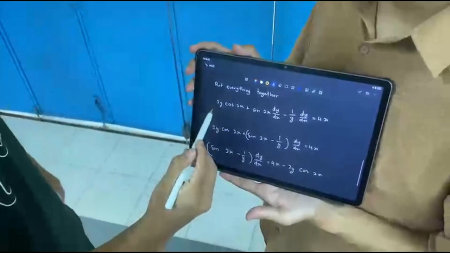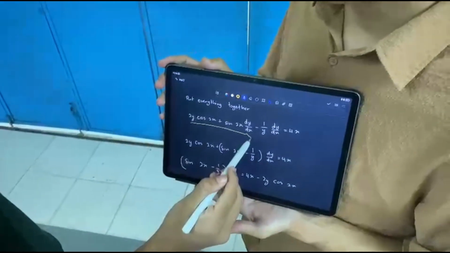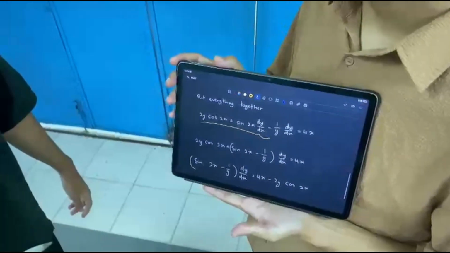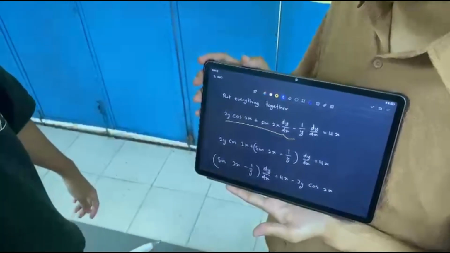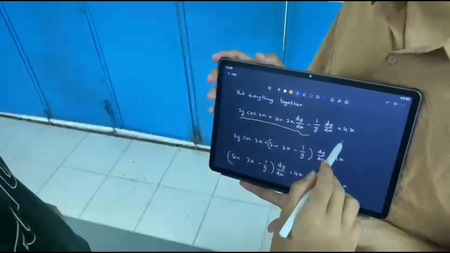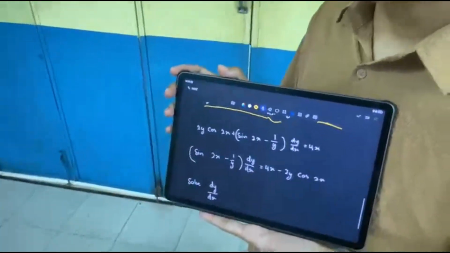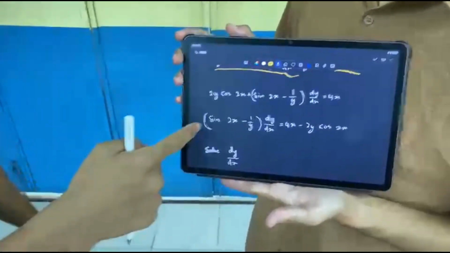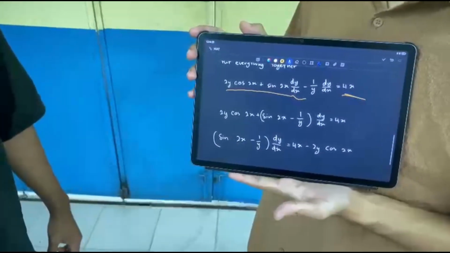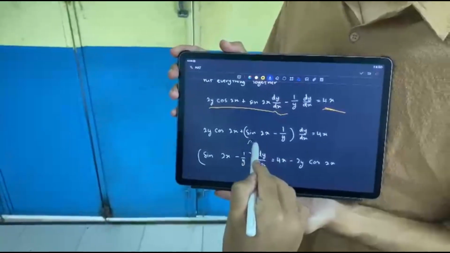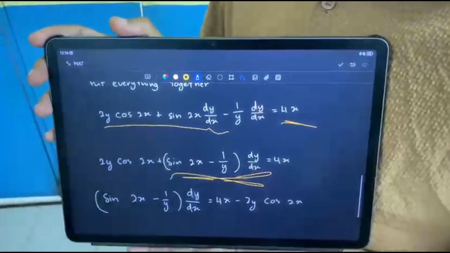So we need to put everything together, the equation left side and right side, compile it together, so we get 2y cos 2x plus sin 2x dy over dx minus 1 over y dy over dx equal to 3x squared. So the last thing we need to do is factorize or collect all dy over dx into this equation.